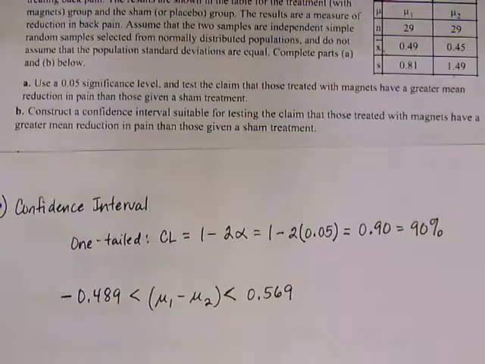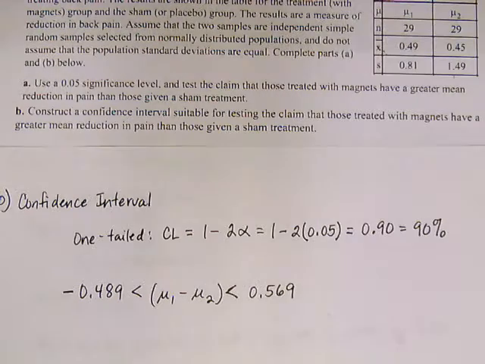So in this case here, we can say that we are 90% confident that the mean differences in pain reduction using both treatments will be between negative 0.489 and 5.569.